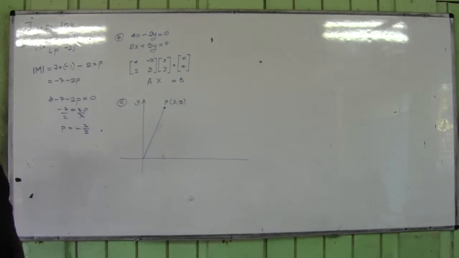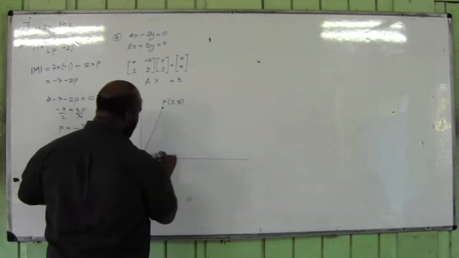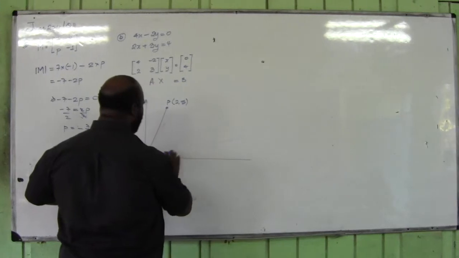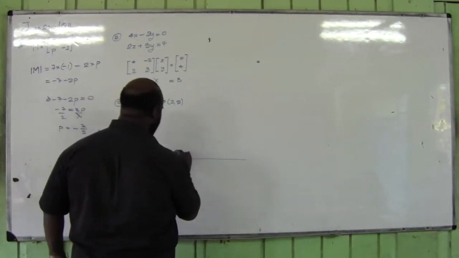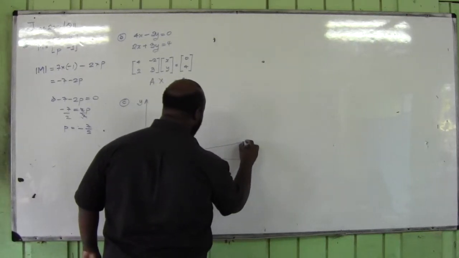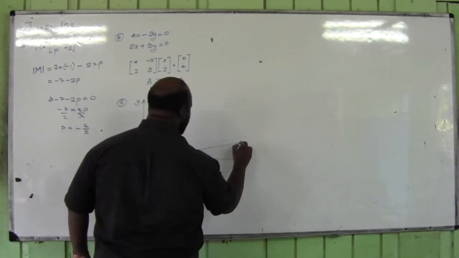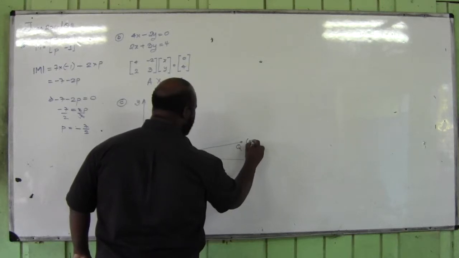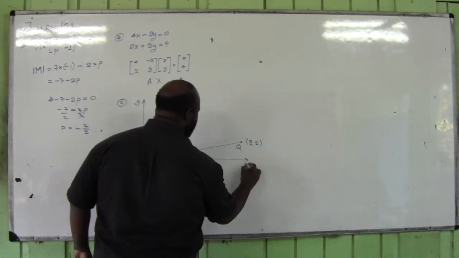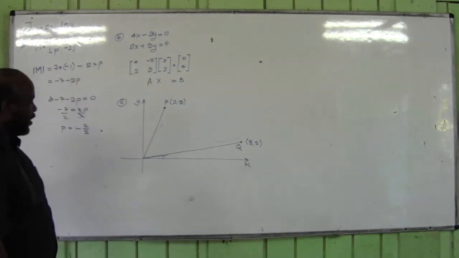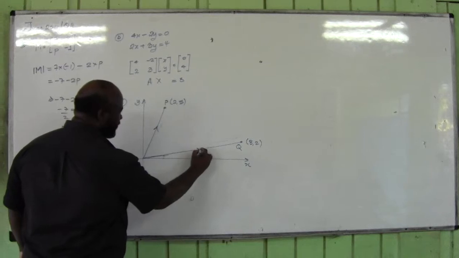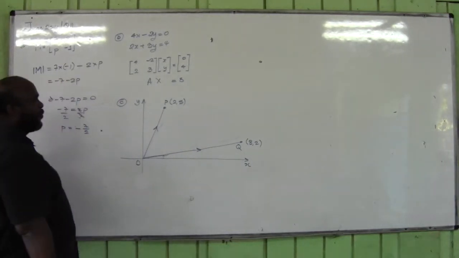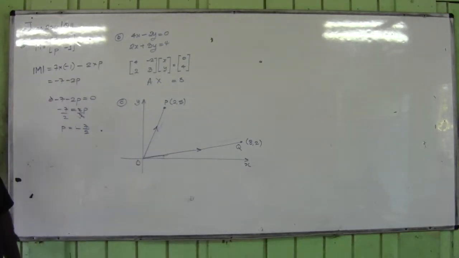Q is the point 8, 2. This is Q, and Q is the point 8, 2. This is the x-axis. So this vector here would be a position vector, and this vector here would be a position vector. A position vector is a vector that is tied to the origin.